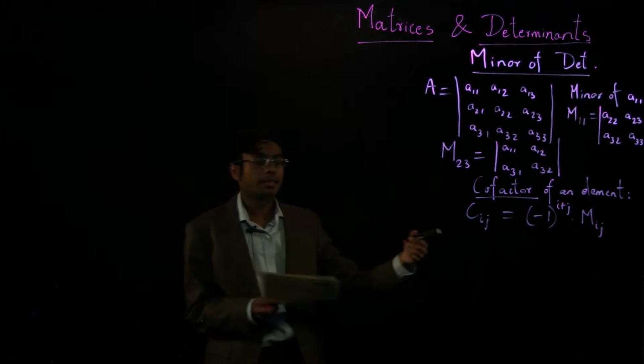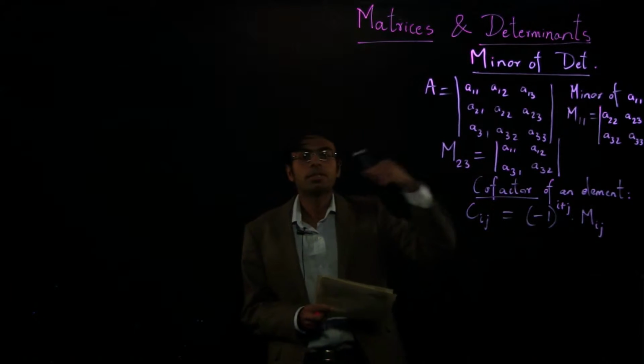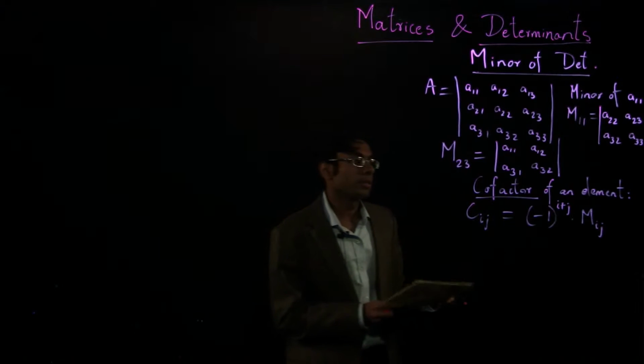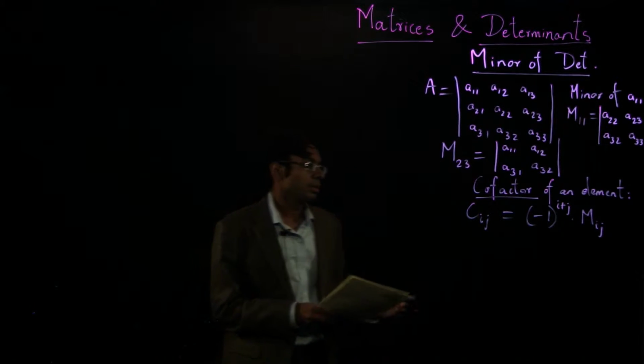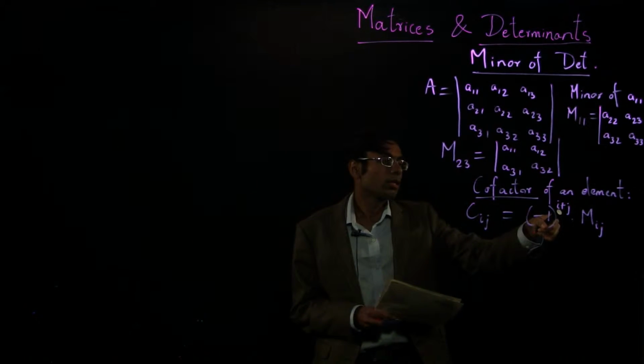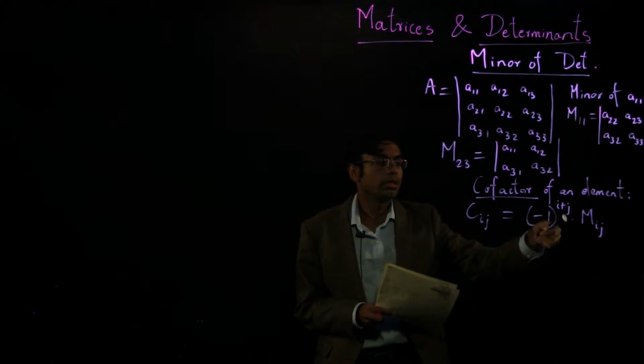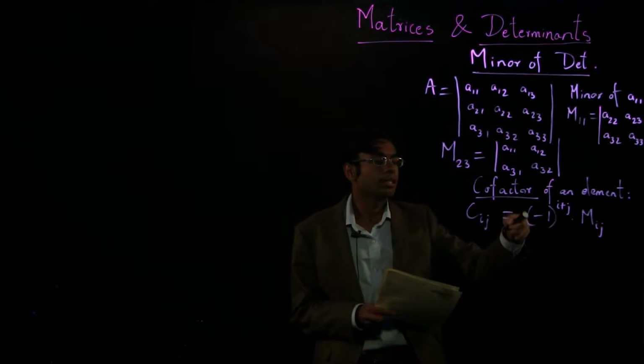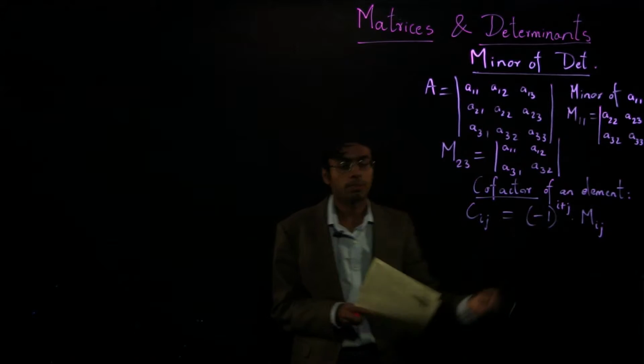And you can probably already guess what this has to do with the way we calculated the value of the determinant, because you can see that depending on whether i and j are odd or even, this sign will change from being either -1 or +1.